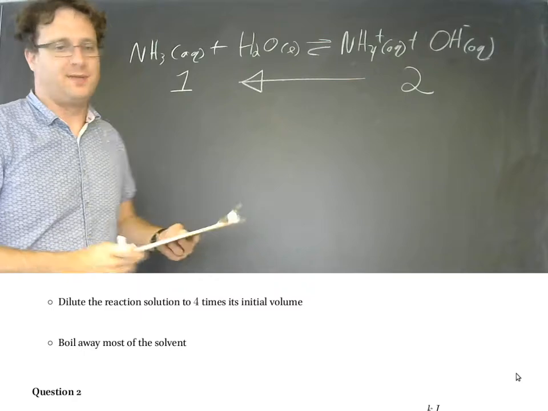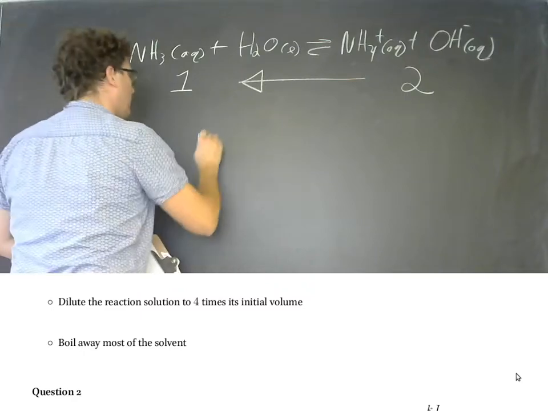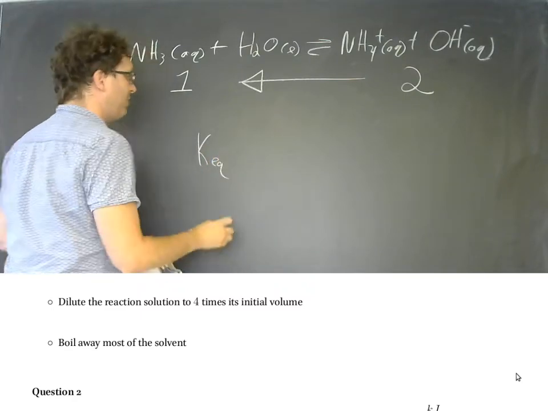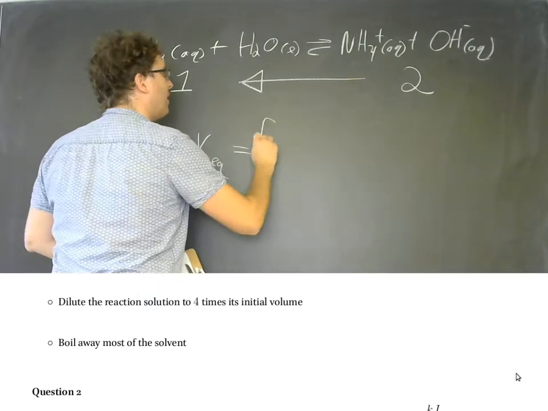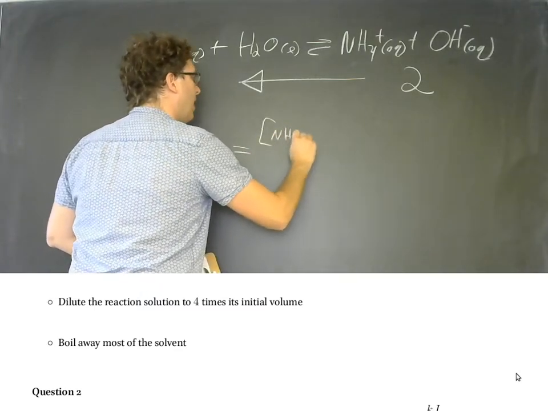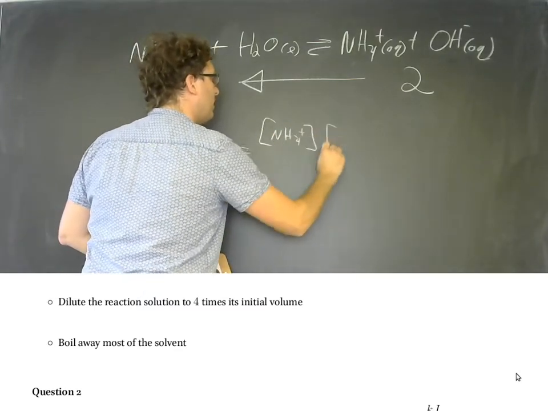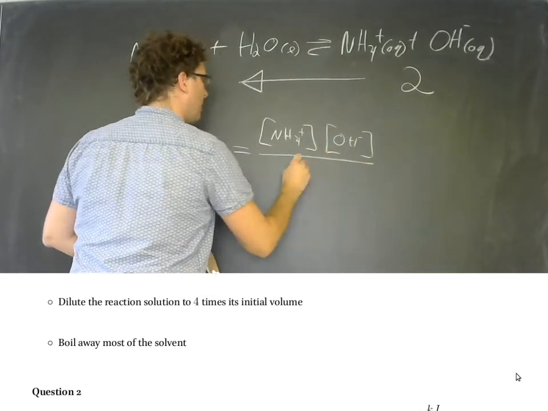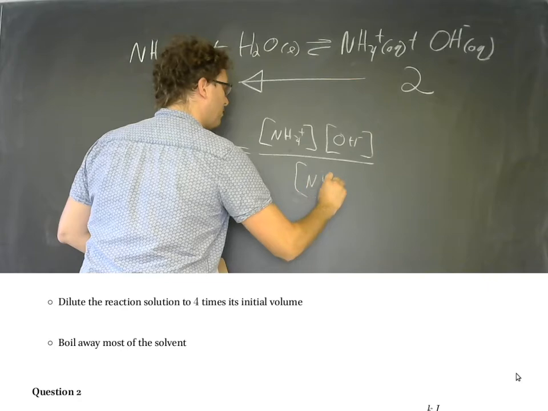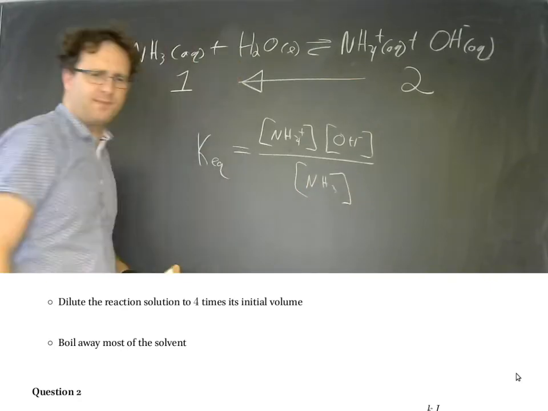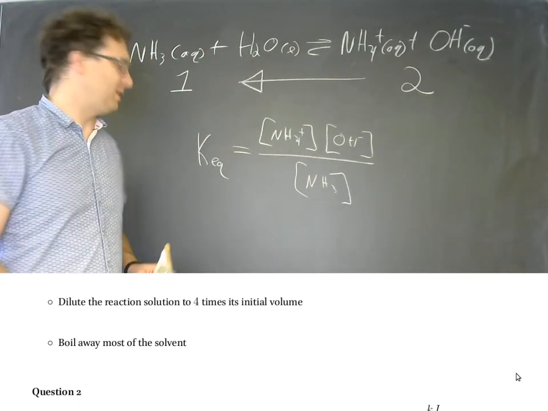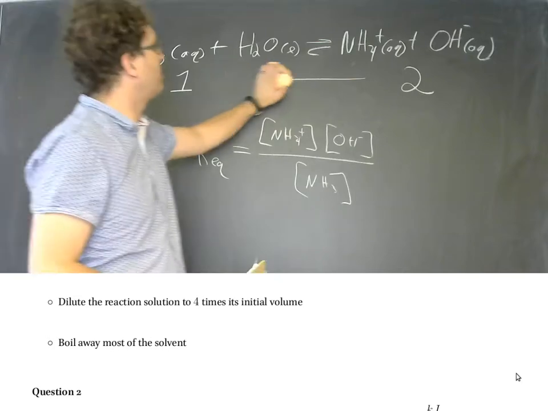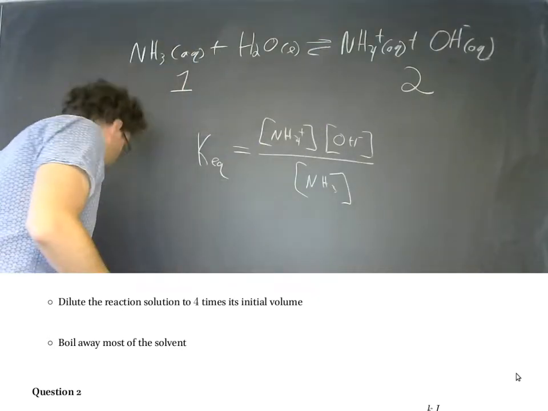And of course, this is based in mathematics. If we have the concentration of NH4 plus and OH minus on the top, and the concentration of NH3 on the bottom, let's think about what happens in that first example if we dilute everything.